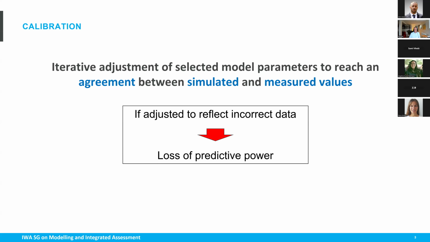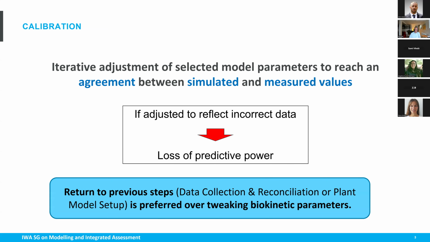You're fitting a model to bad data, and you're losing your predictive power. There are so many parameters in these models that you can tweak a model to actually follow wrong data. So that is quite important to understand.